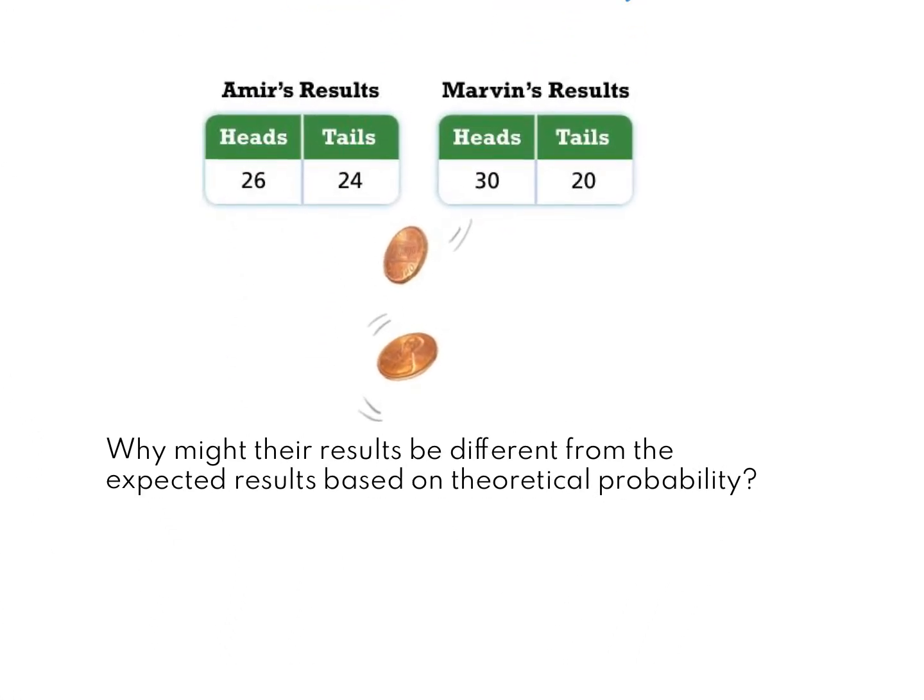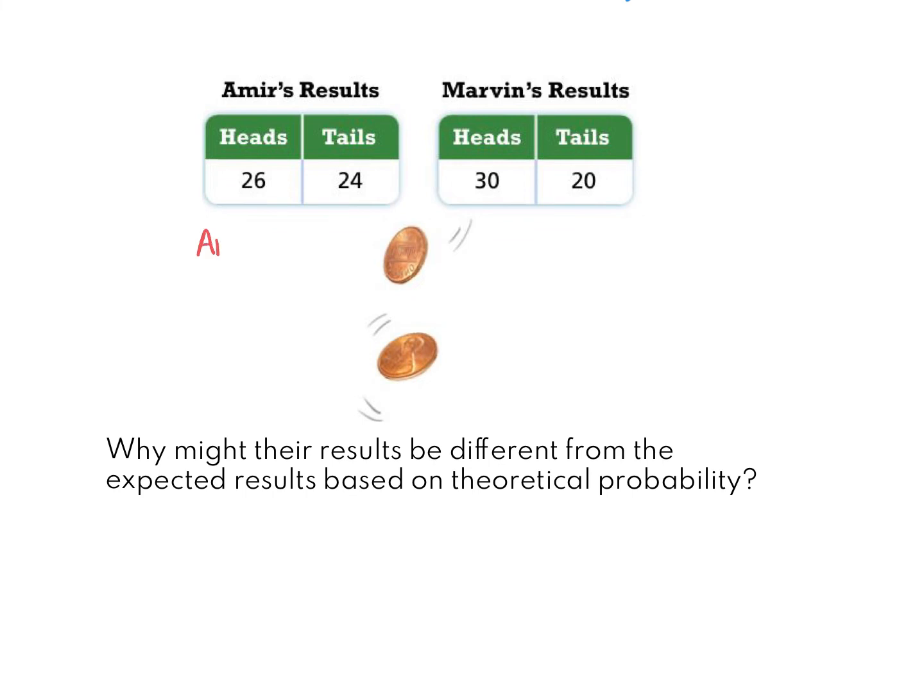So here was an experiment that actually happened. Amir's results are here. He landed on heads 26 times, tails 24 times. Marvin flipped the coin, got heads 30 times, got tails 20 times. So we're going to calculate the experimental probability for each of these.